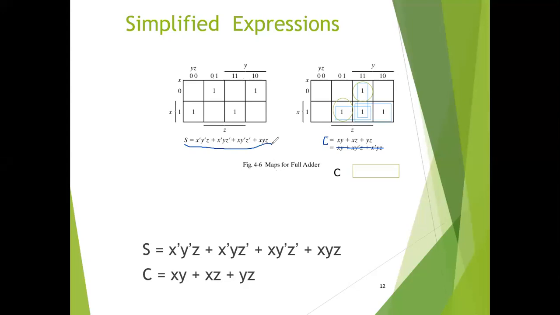This is the function for the sum output bit, and this is the simplified function of the carry output bit. From these simplified functions, we can easily implement the full adder circuit using the expressions we get from these maps.